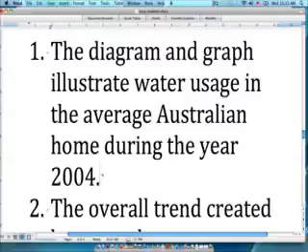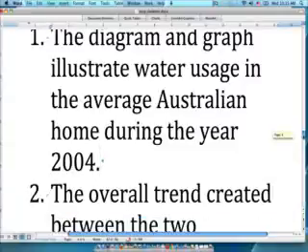Okay, that's our opening sentence. So we have just relayed to our examiner exactly what kind of data we're looking at and what the data shows. Now, we haven't talked about any of the details of the data, but we have just set up the Task 1 response for the details that are to come later.